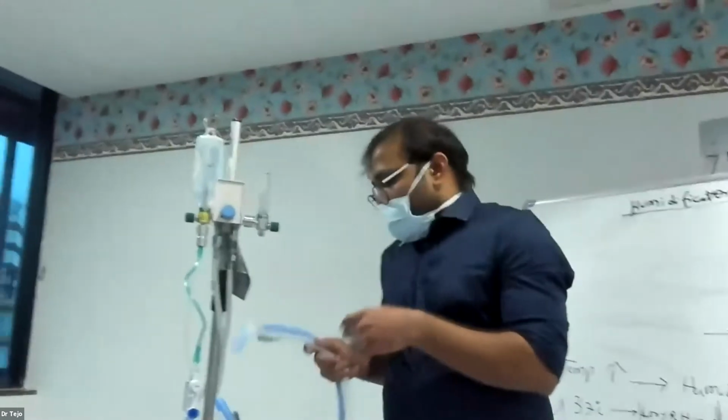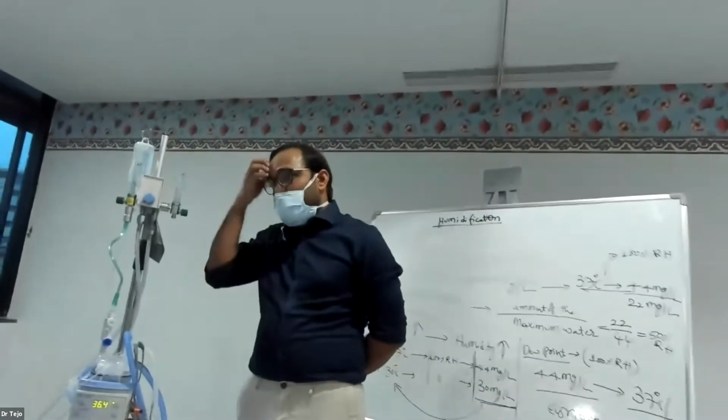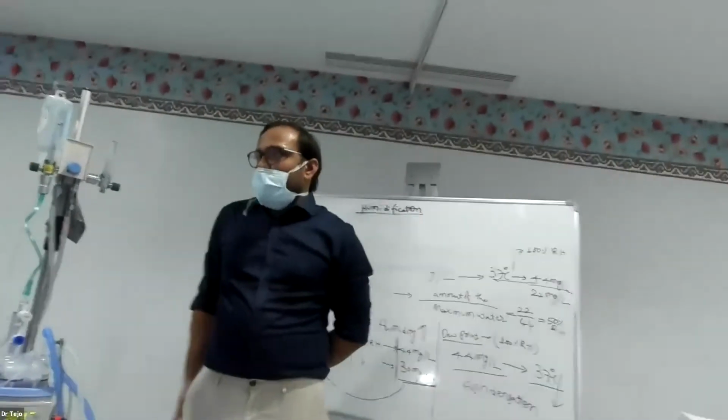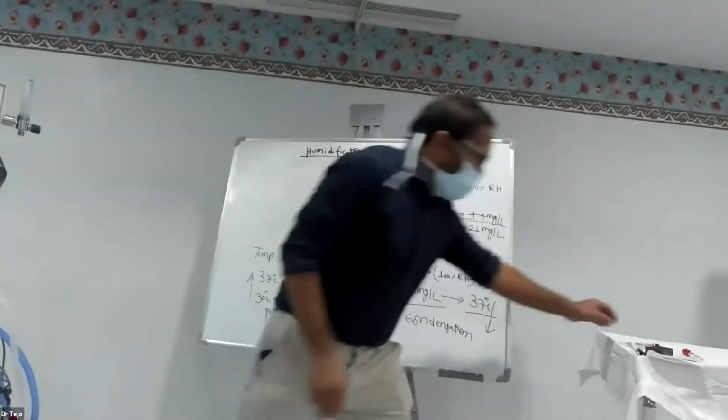Okay. So coming to the alarms, I will show them once again in the diagram, and I will tell you whenever there is improper humidification and proper humidification. So coming to the alarm picture.